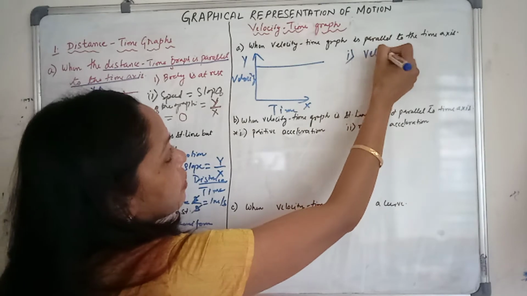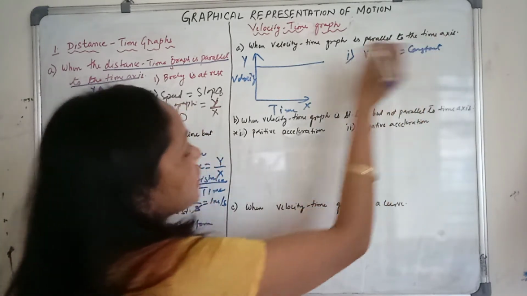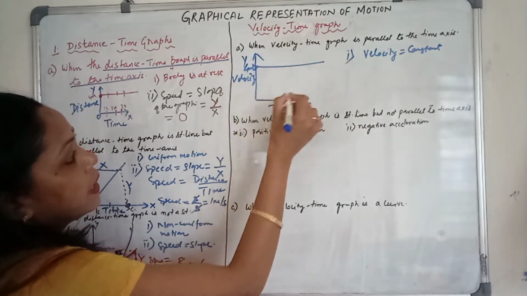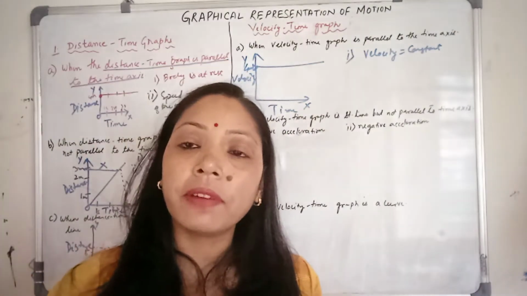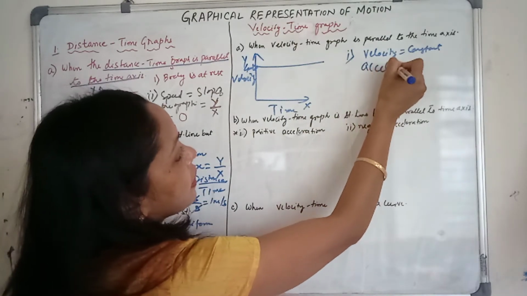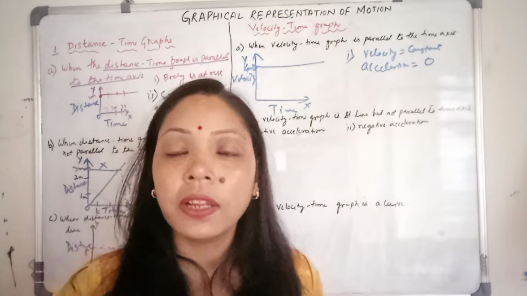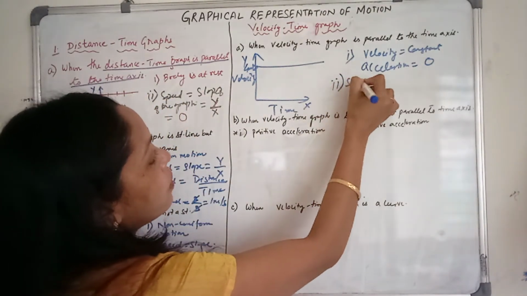Here velocity is constant. Constant means the velocity value. Suppose this is 4 meter per second. So the velocity is not changing. Whenever the velocity is constant, the acceleration is 0.